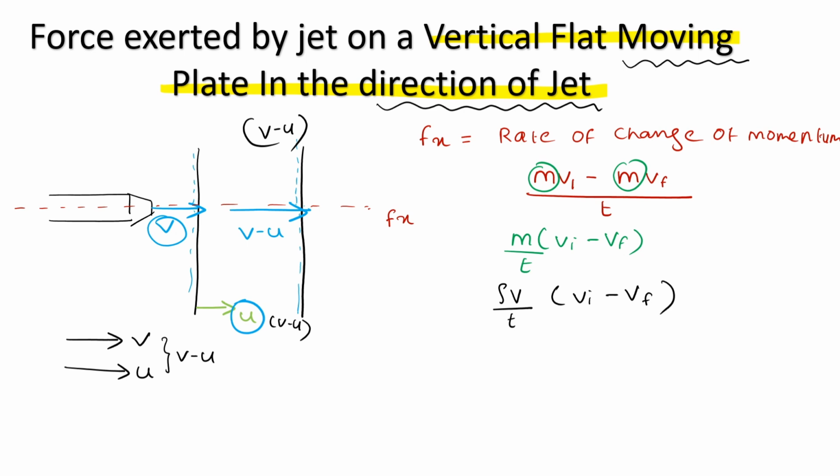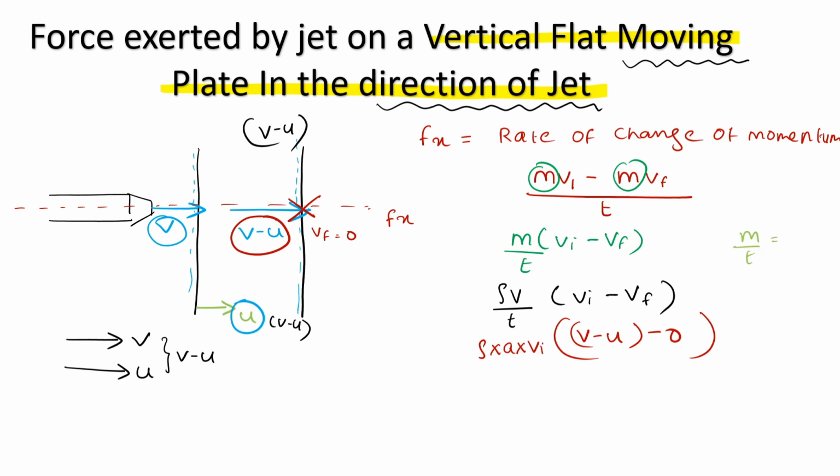Initial velocity, as we all know, is v minus u. And final velocity after striking in x direction, is there any final velocity? No. Vf is equal to 0. Rho into volume by time.